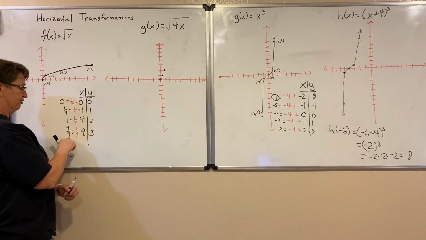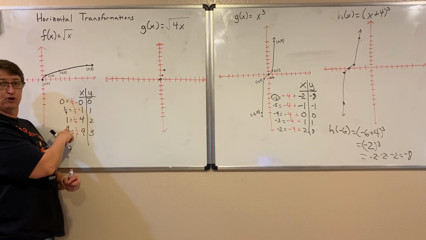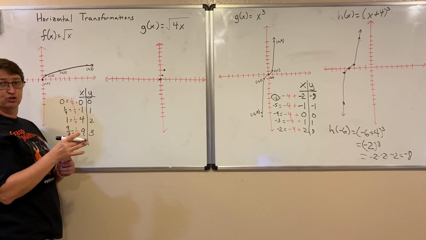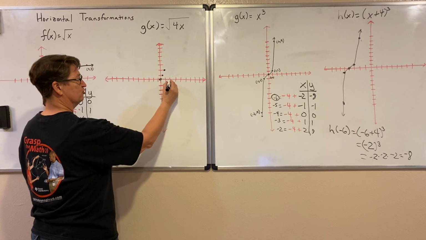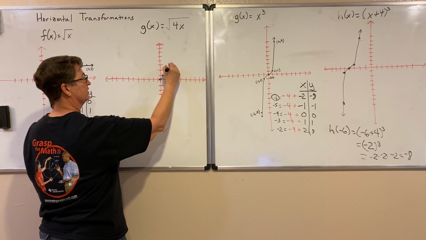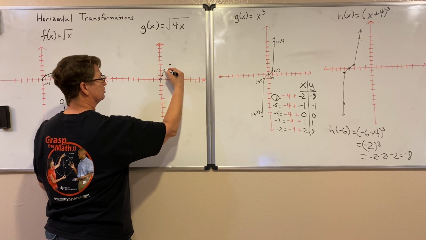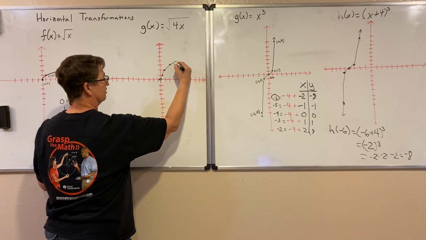So 9/4, you know, 4 goes into 9 2 times with 1 left over, so it's 2 and 1/4, 2 and a little bit. So I'm going to go over 2 and a little bit and up 3, 1, 2, 3. So my square root function looks something like this.